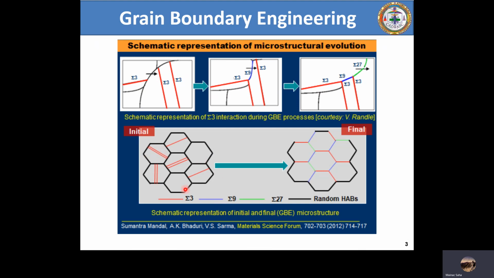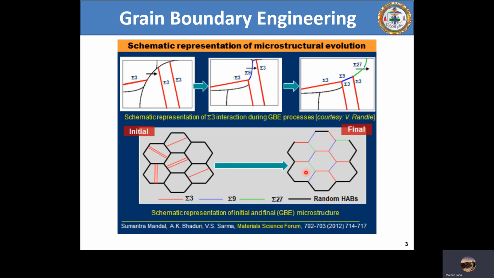Once we employ certain TMP, which is not fixed because it keeps varying with different materials and depends a lot on the material system, what we ultimately end up having is something like this, where the volume fraction of high angle random boundaries is much lesser here, here, here, and we also have a much higher fraction of sigma 3 boundary, and we have also induced sigma 9 boundary and sigma 27 boundary.